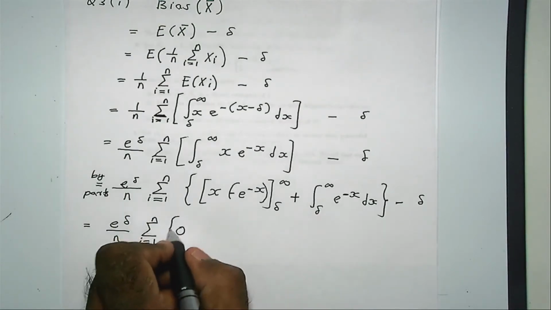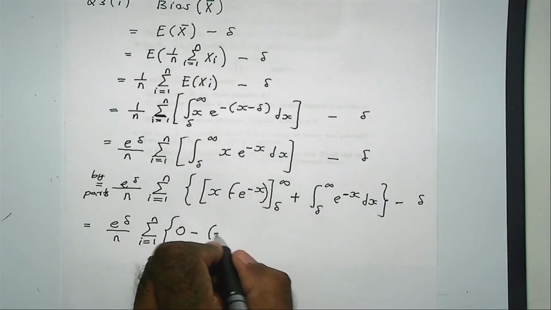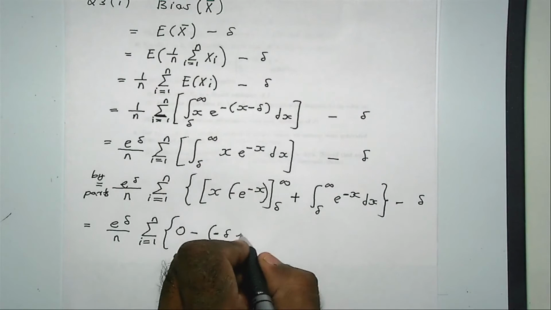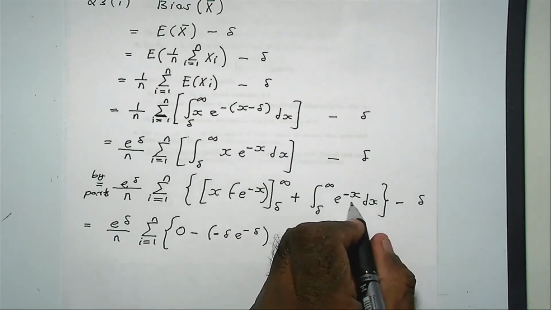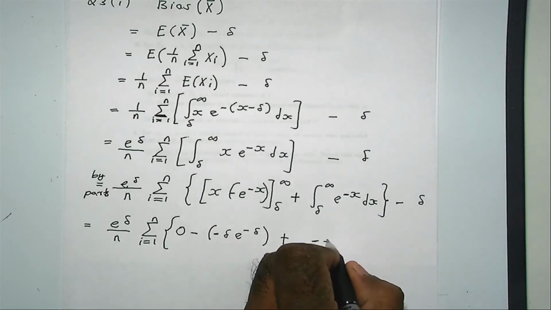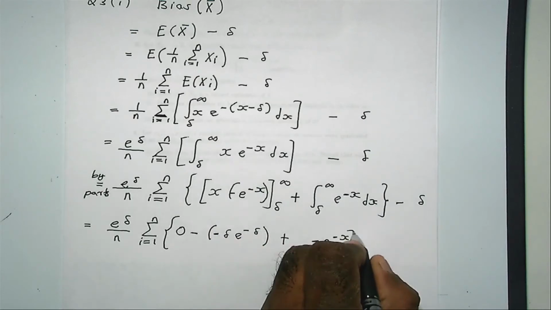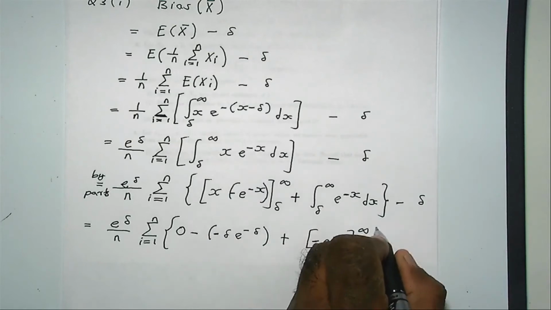The limit at delta is minus delta e to the minus delta. Okay, now the integral of this is not difficult. It's simply minus e to the minus x, with limits from delta to infinity.